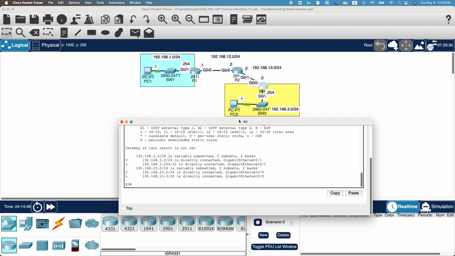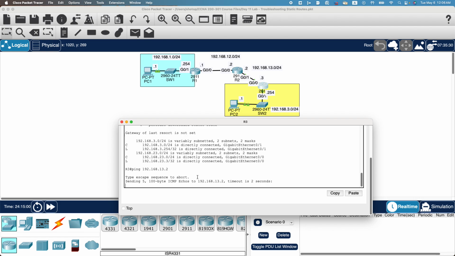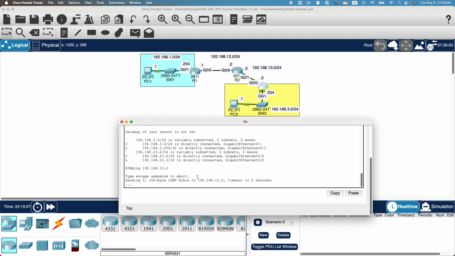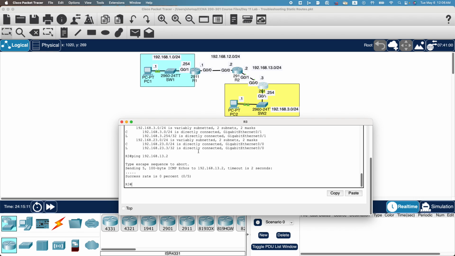I wonder if I can ping R2. So what if I say ping 192.168.13.2? No. Success rate is 0.